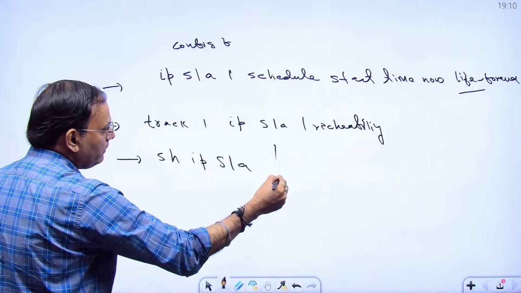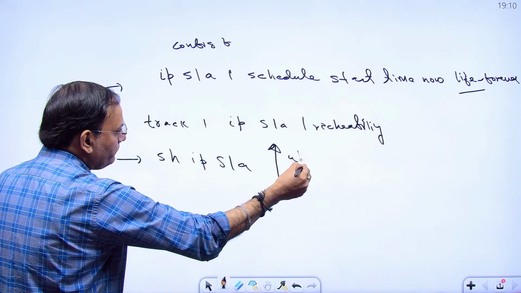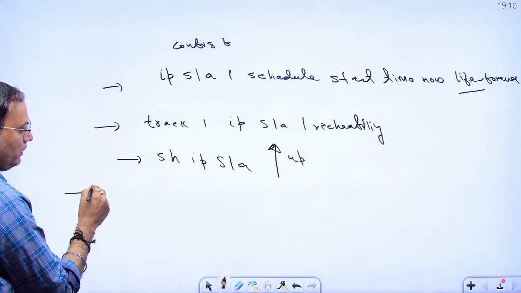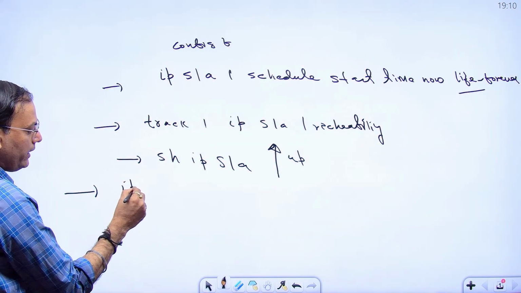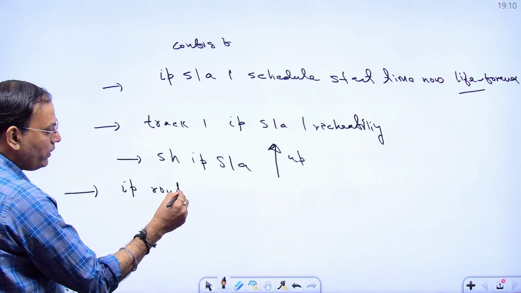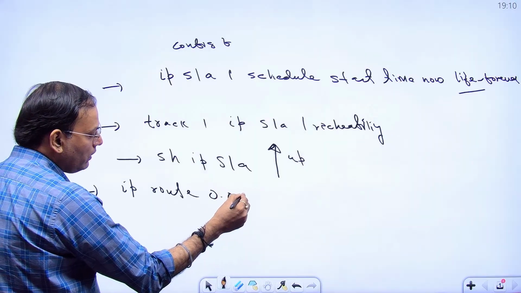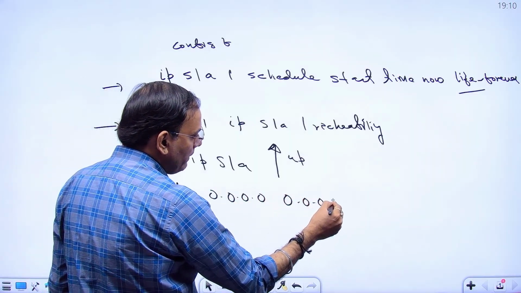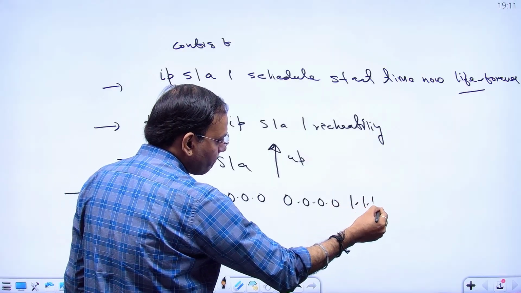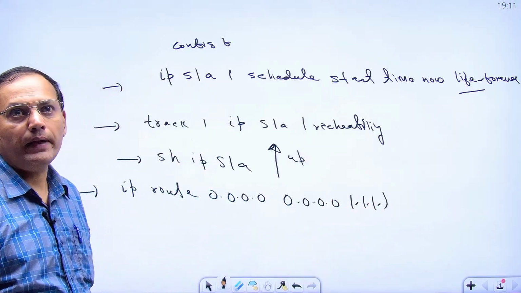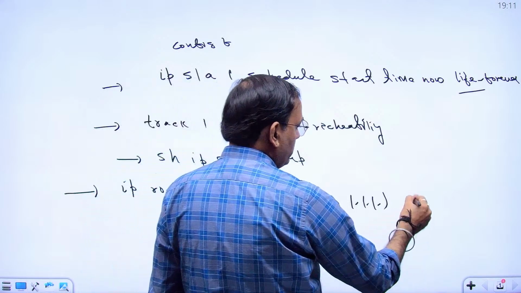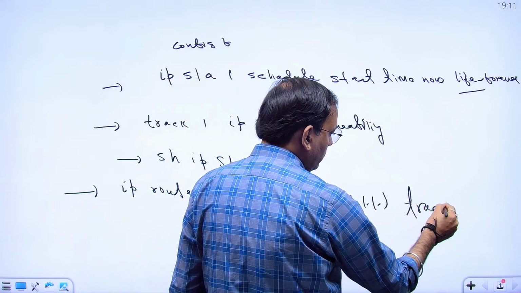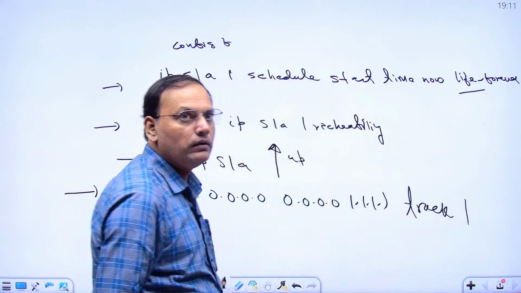It should be up on your router, and then you need to configure your static route. Whatever static route you have configured, give your next hop, and then track number 1.